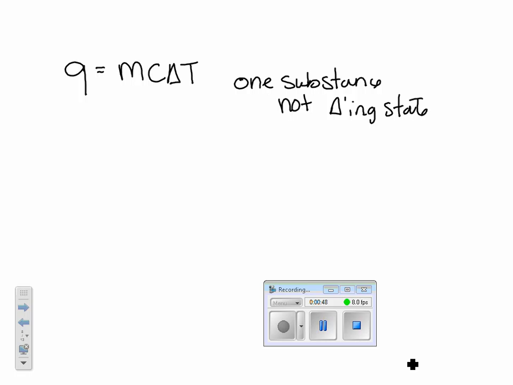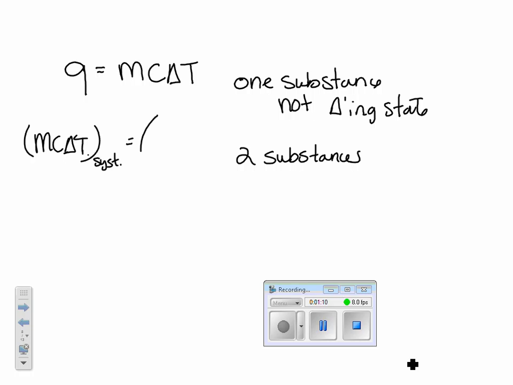And then you learned that we can look at heat transfer to determine what a substance is doing. So if you have two substances where heat is being transferred, you're going to use mc delta T, that's heat, of the system, and you can define your own system, is equal to the quantitative heat of the surroundings.